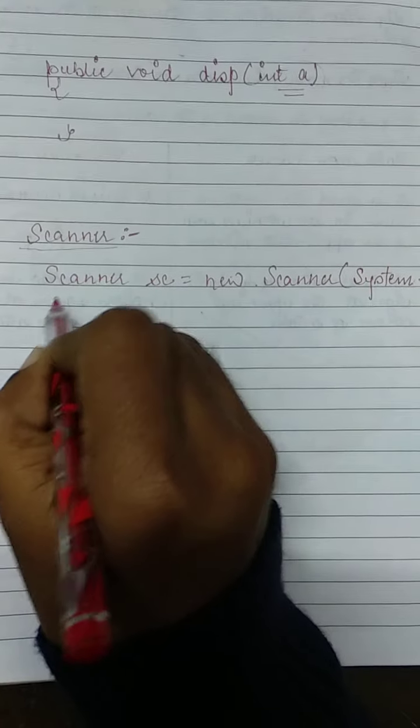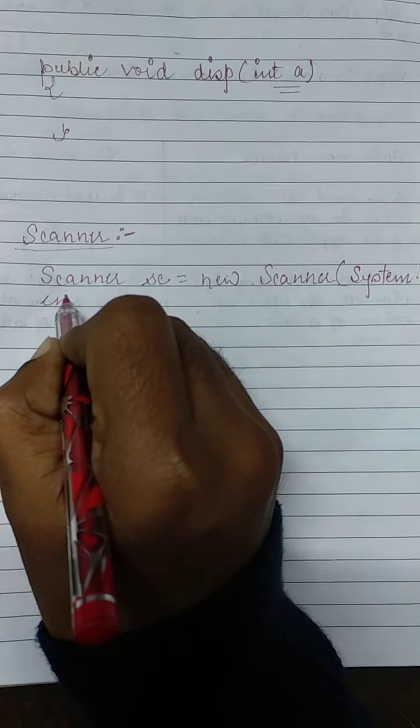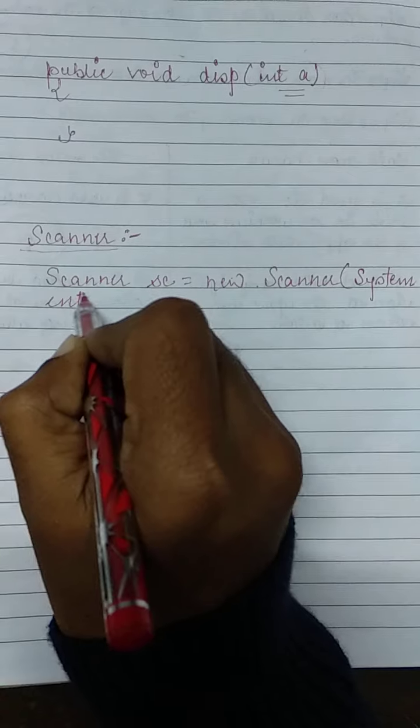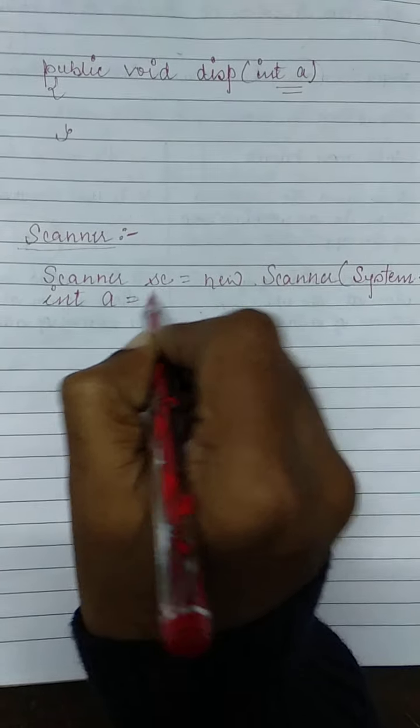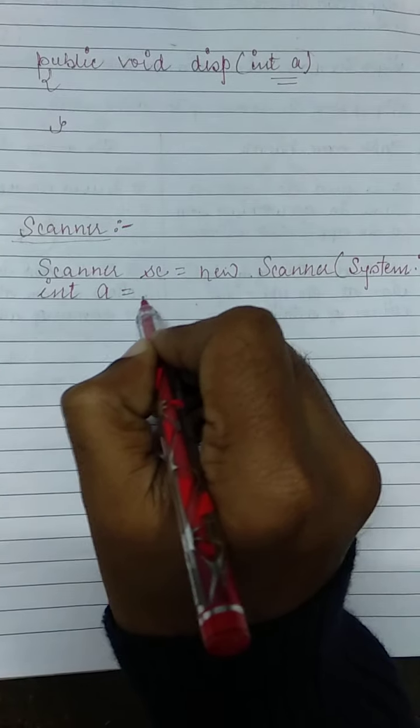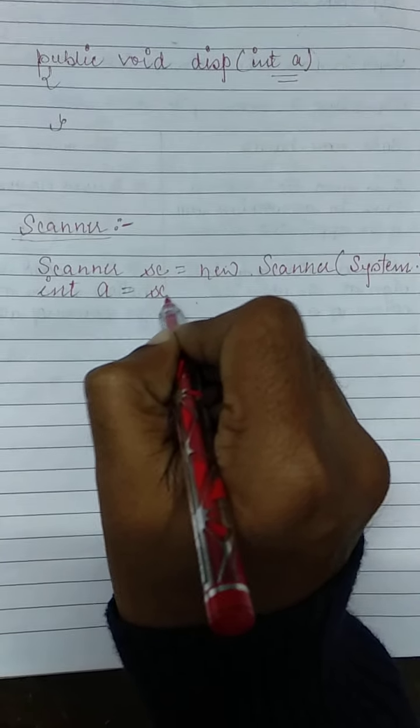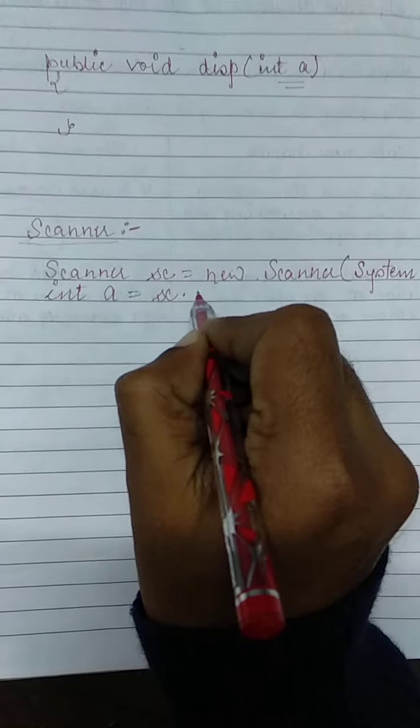Now you need to write the variable in which you want to take the input, like int a, and then using this object sc dot.